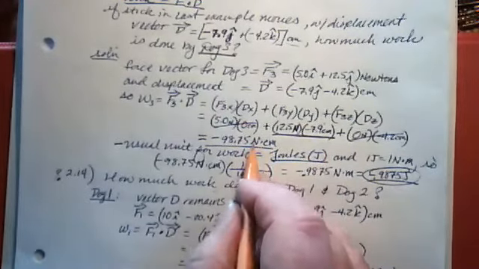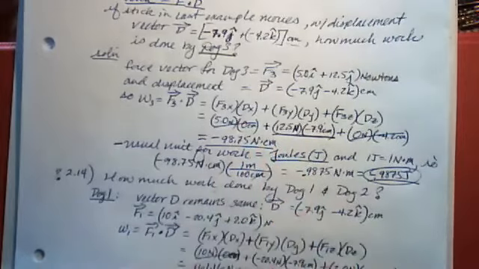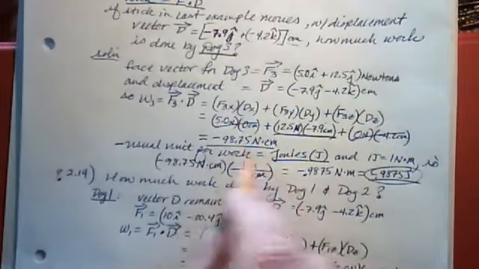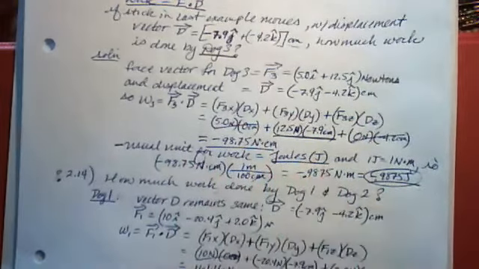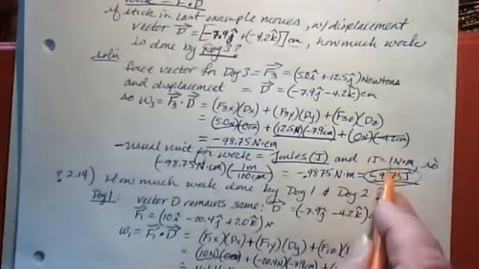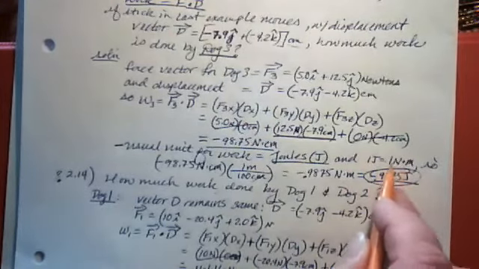And Newton is a unit of force and centimeter is a unit of distance or displacement. So that is a proper unit. But the usual units for work are joules, which are also units of energy, because work is a form of energy, actually. And a joule is a Newton meter, not a Newton centimeter.